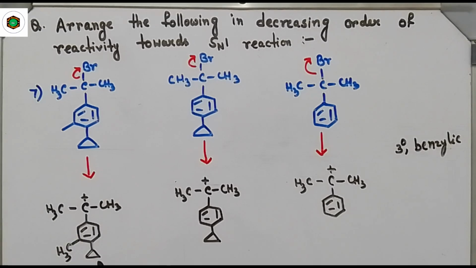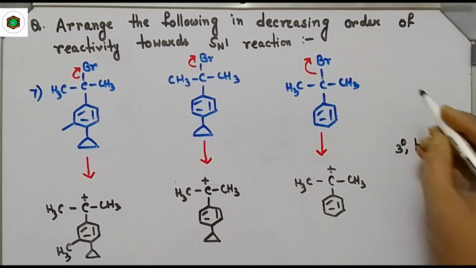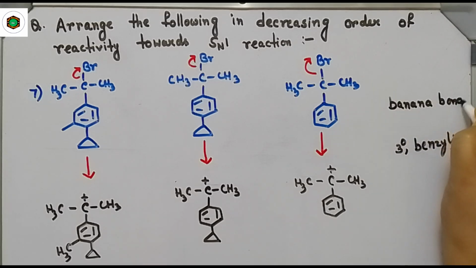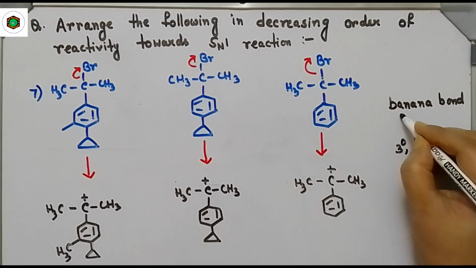2 methyl groups. And here at the para position one cyclopropane ring is there. Here also one cyclopropane ring is there. Here no cyclopropane ring. Here at meta, with respect to this at meta, methyl group is there. Remember, the bonds in cyclopropane are called banana bonds or bent bonds.